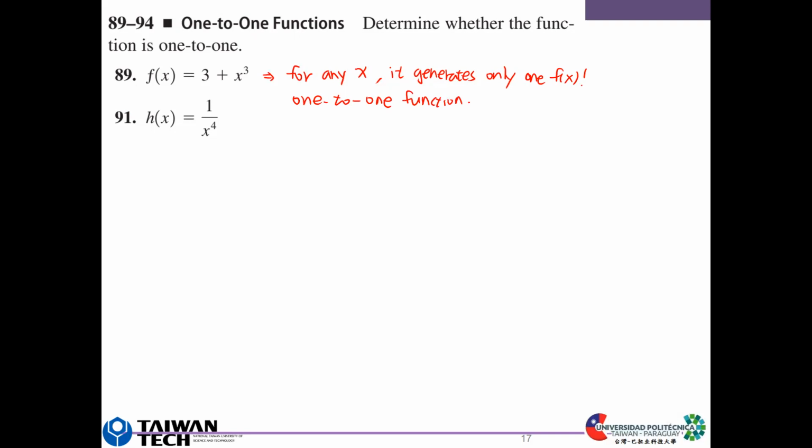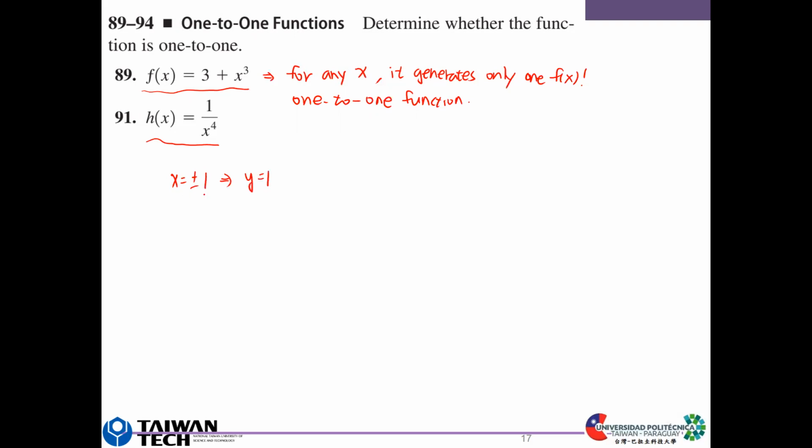If you still have doubts, you could draw the graph of this by plugging in numbers, and then you can find it out. And then for problem 91, because it's x to the power 4, if x is negative 1 or positive 1, they all generate the same output. So for x equals positive or negative 1, y is 1.